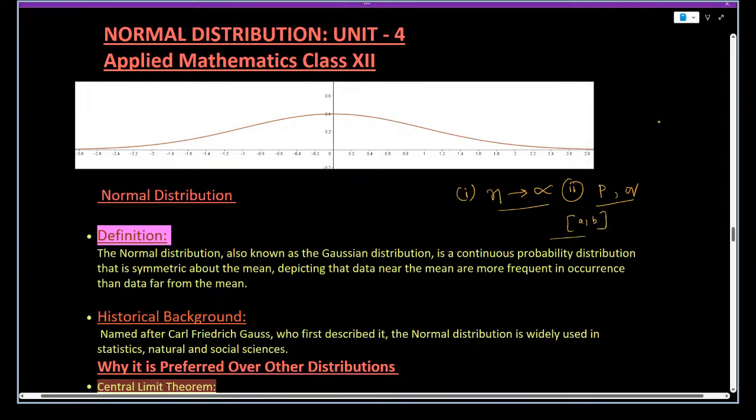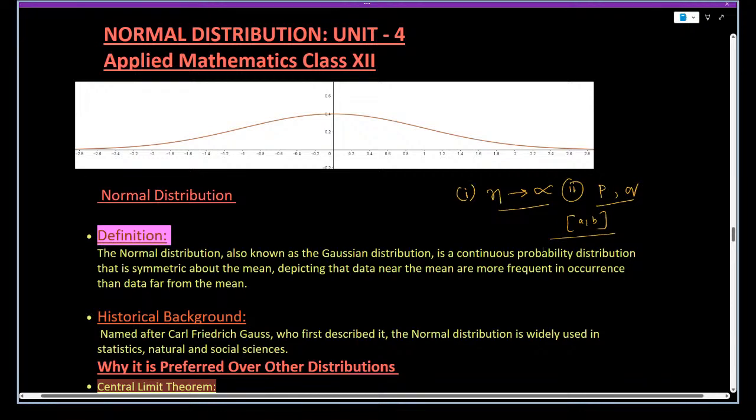What you have seen in case of binomial and Poisson distribution, those are discrete distributions. Every point has a definite probability and then we calculated expected value, standard deviation, variance, all these things. Here everything will be determined, but remember the number of observations is large.